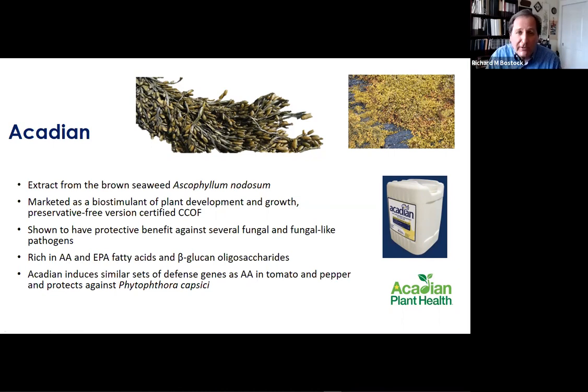Both of these groups have been shown to be pretty potent elicitors. In fact, I started my career discovering arachidonic acid and EPA as elicitors. So we've been interested in this because they do protect against Phytophthora capsici in tomato and pepper, and we've been studying that mechanistically.